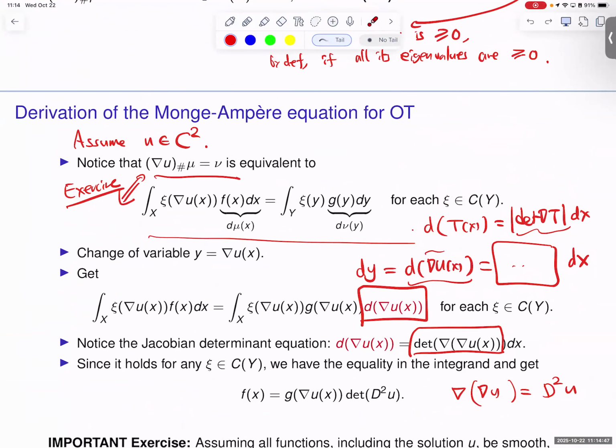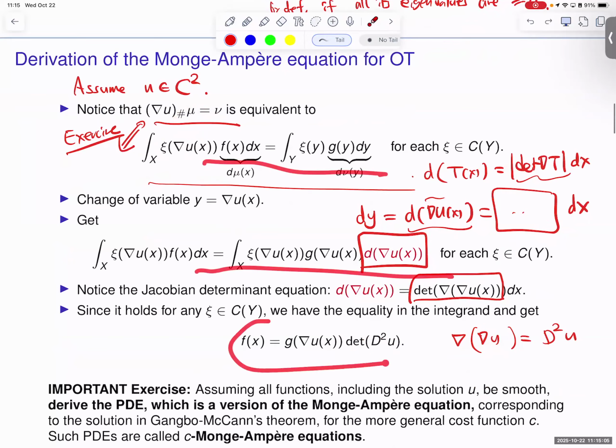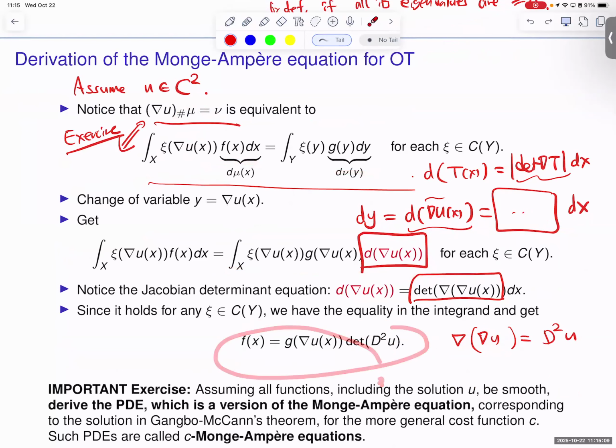Then you also have a Brenier-type solution there in Gangbo-McCann's theorem, right? And then you have some kind of mapping coming from Gangbo-McCann's theorem, transporting your measure mu to the target measure nu. Then you will have some similar relations like this. So you will have some equation similar to this, right? Am I making sense?